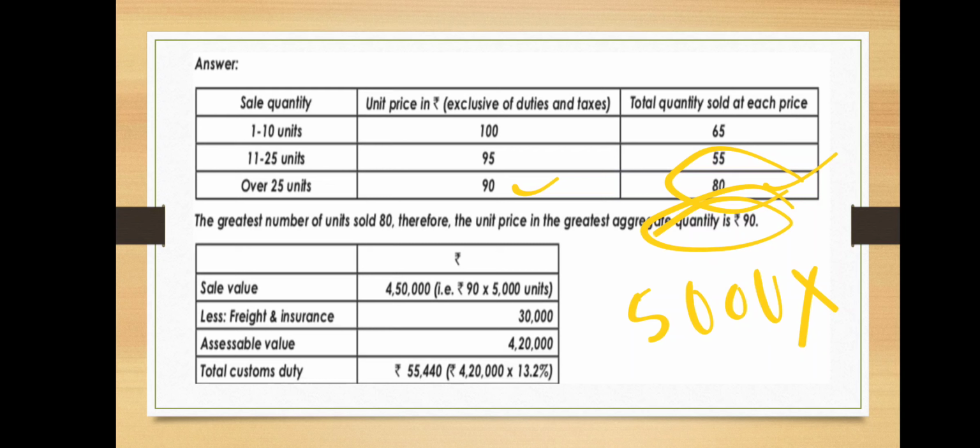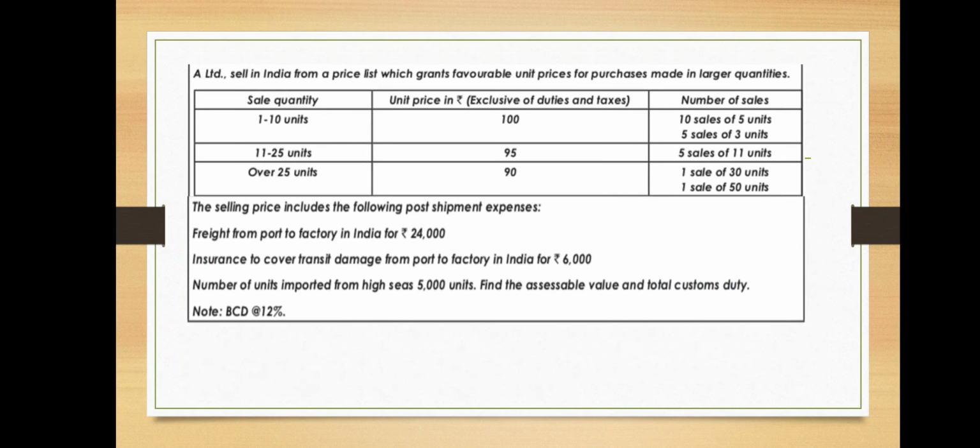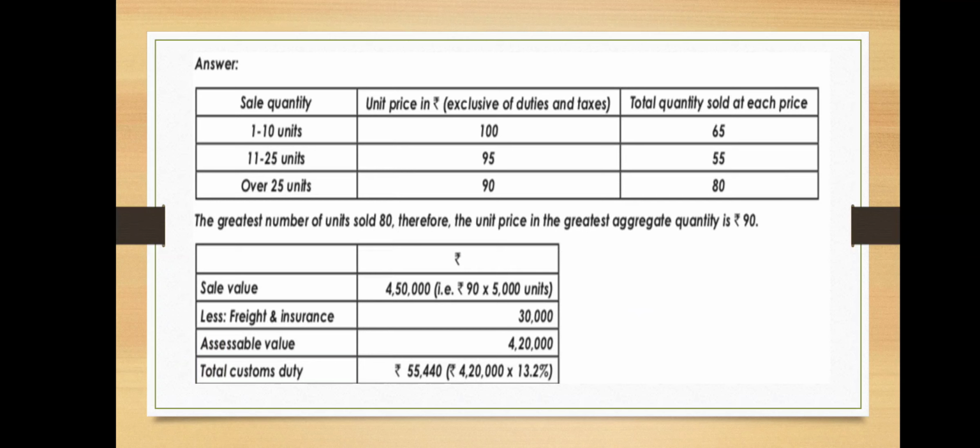As I said, freight 24,000 is there, and insurance how much? 6,000. So 24,000 and 6,000, they have given both additionally, so 30,000.